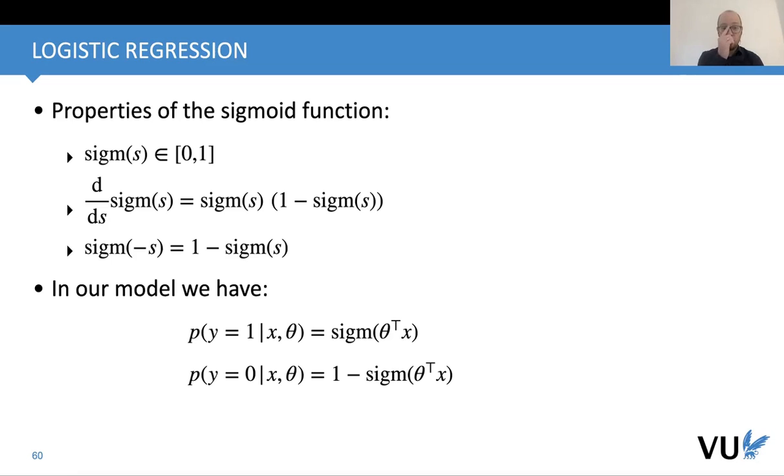In our model, the probability of getting spam is simply sigmoid of this linear dependency on the words in the message, and the probability of not spam, or ham, is 1 minus this sigmoid. So everything now should come together nicely.